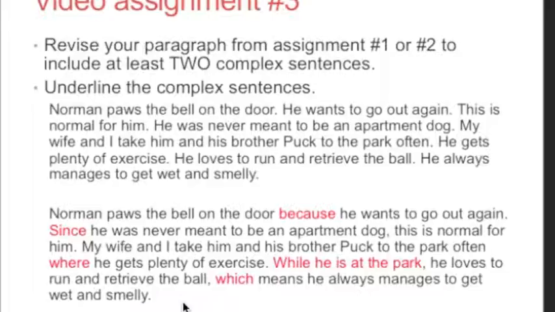Okay, and I would like for you to take either the paragraph from assignment 1 or 2 and revise that to have at least 2 complex sentences and underline those. Okay, I hope this was helpful for you. I hope everything makes sense. Remember to consult the resources for the course to find those handouts on subordinating conjunctions, relative pronouns, so on and so forth, and that should help you in this assignment.